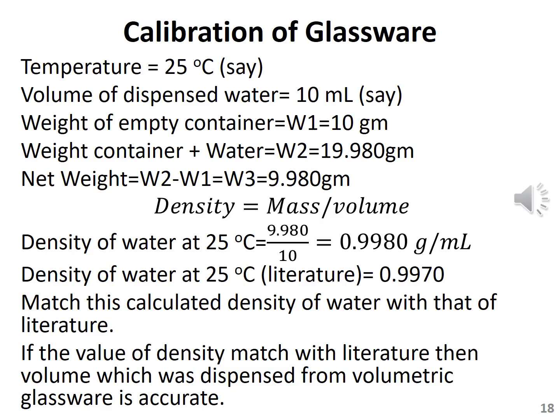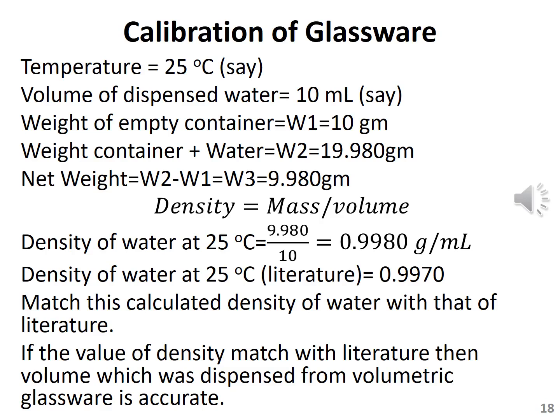If these two values, the calculated and the literature value, are close, then the glassware is calibrated and it is able to dispense an accurate amount of water according to our requirement.